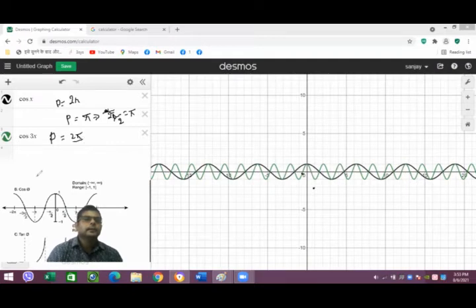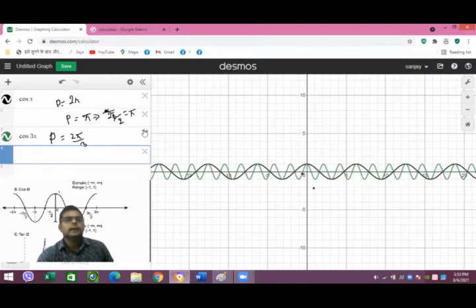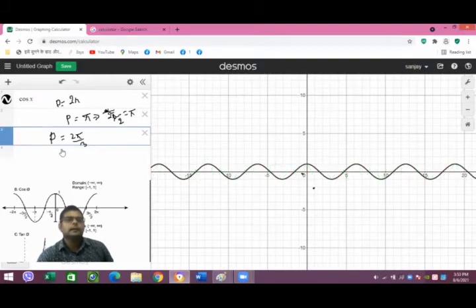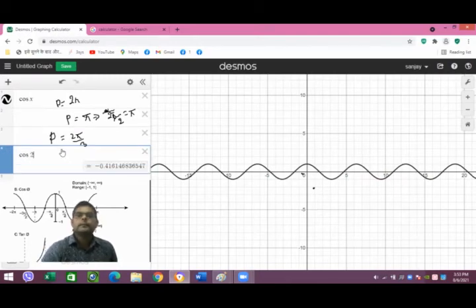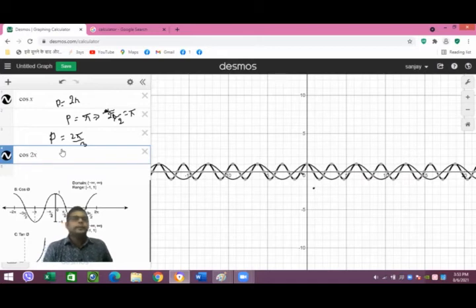And for example, if you would like to say, remove this graph, cos 2x, then what has happened to the periods?